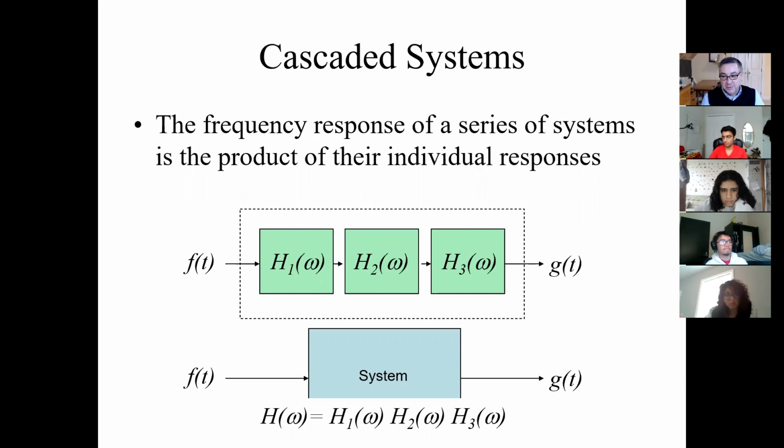So it's much easier to think of these things in the frequency domain anyway, because the net impact of the system will be the product of their individual frequency responses. So let's say we had 3 systems and they're all low pass systems.